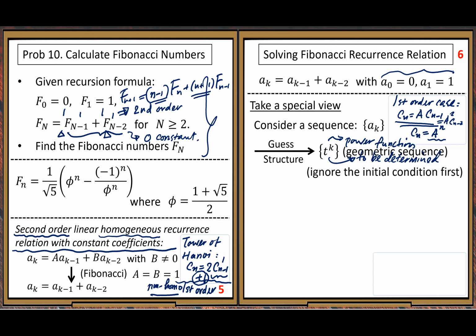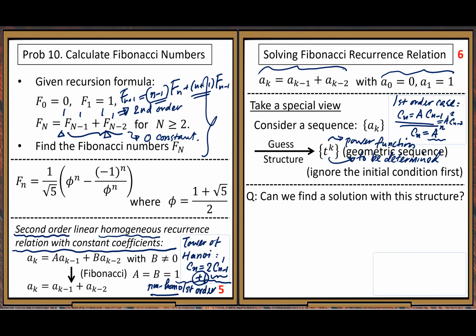So let's just ignore the initial condition. We only want to consider a solution for the original recurrence relation. So let's plug in. Let us determine that little t to give us just one simple solution for the original recurrence relation.